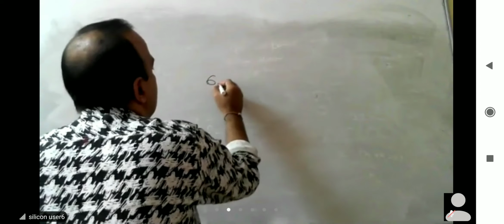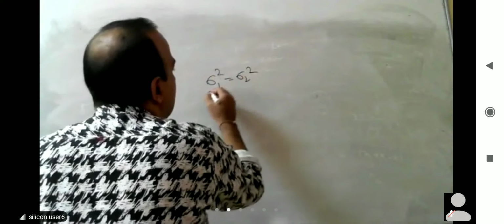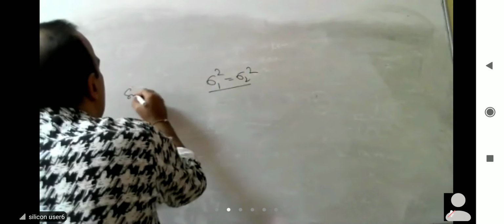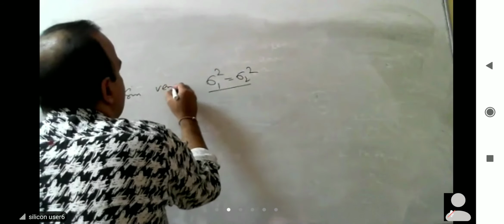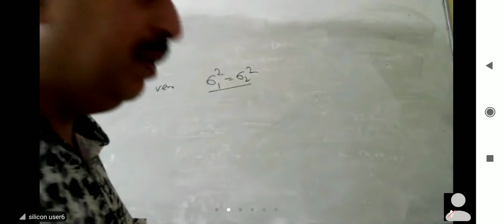Also, I have skipped something: sigma 1 square equal to sigma 2 square, but the sample is very small. Not necessary now. Take it as a last-part topic and follow it as an example for your future. It is not in your course.